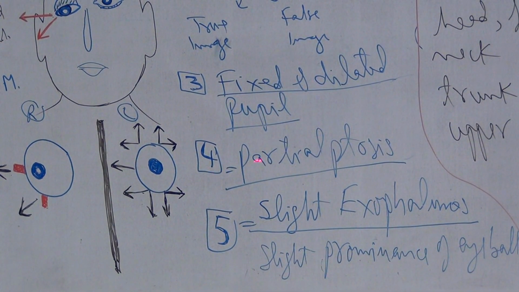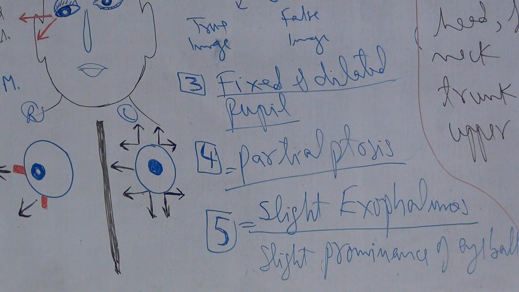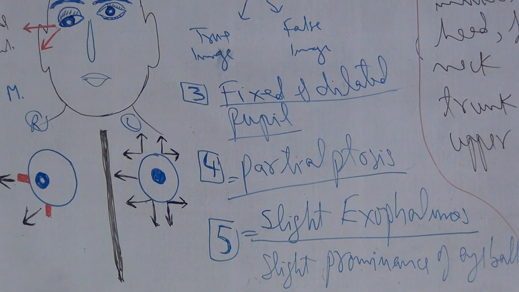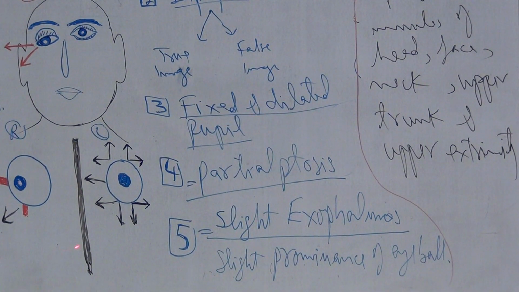Then there will be partial ptosis of the upper eyelid, because the skeletal part of the levator palpebrae superior muscle is paralyzed because of involvement of the motor fibers of the oculomotor nerve, and the sympathetic innervation is still there. And there will be slight exophthalmos, slight prominence of the eyeball because of paralysis of all the extraocular muscles of the eyeball except the lateral rectus muscle and obliquus superior muscle.